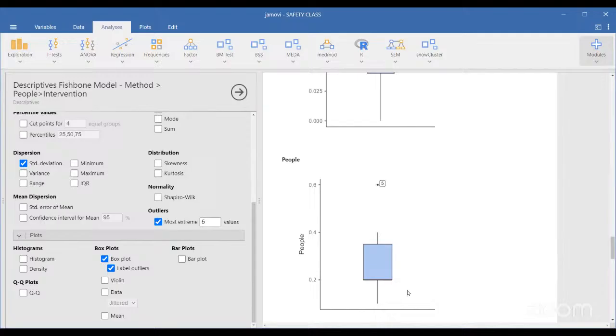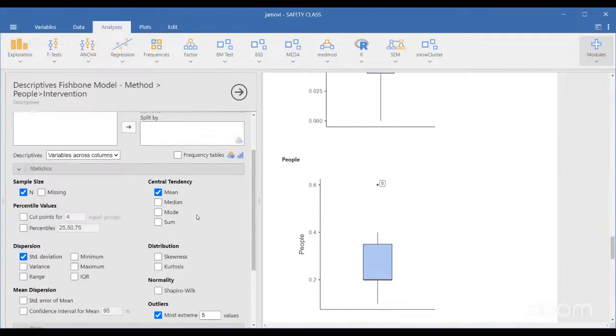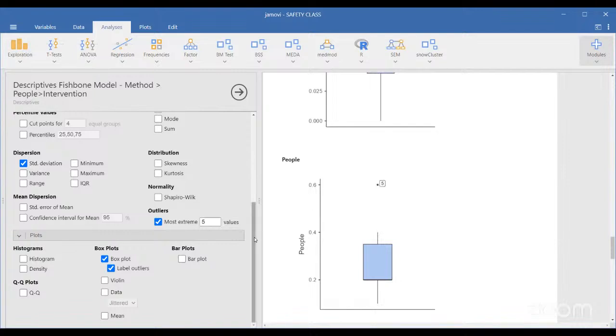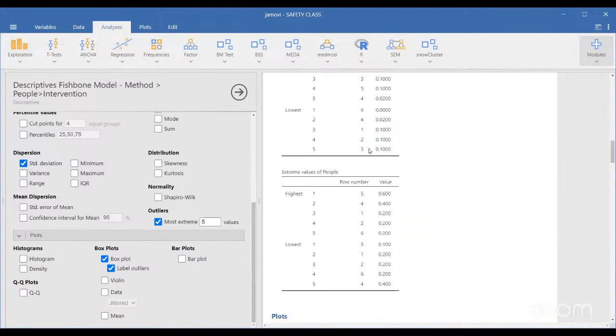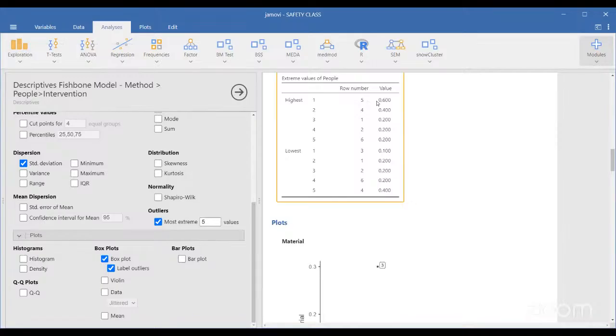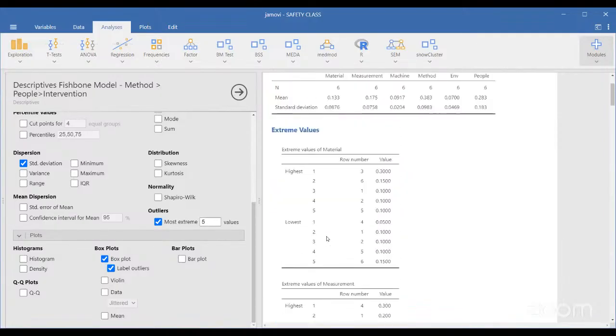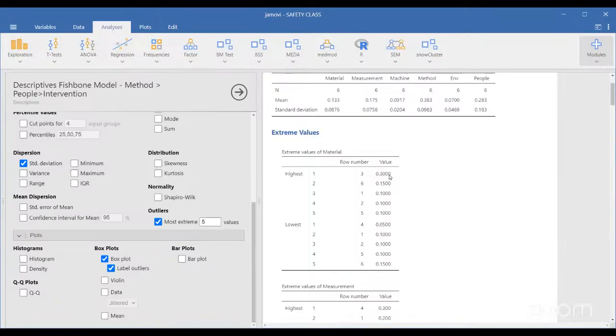Go above. Again, you will find out the outliers, these number 3 individual. That is in material. The value is 0.3. If they want to check the values, then they have to click outliers, most extreme 5 values.